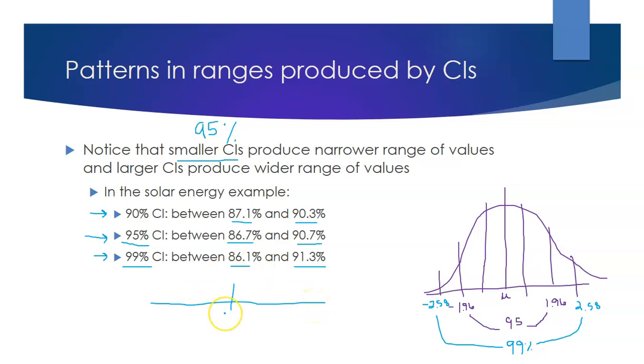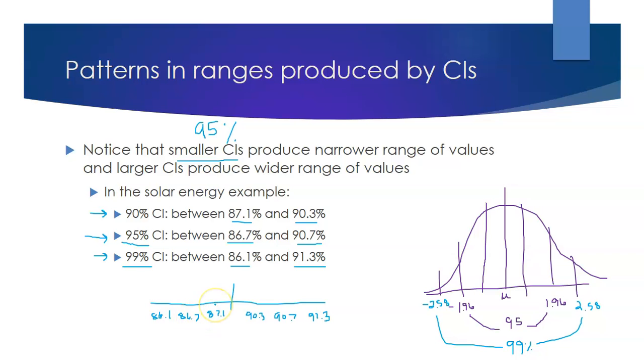But if we have 87.1, and then 86.7, and then 86.1, and then we have 90.3, 90.7, and then 91.3, right? So imagine these values are drawn at the bottom here.